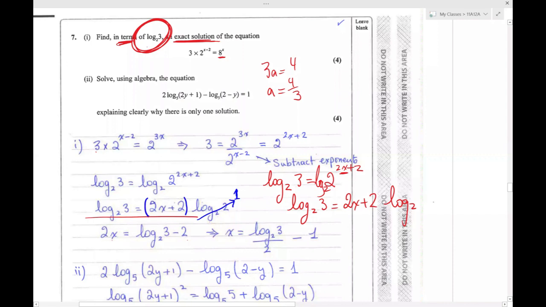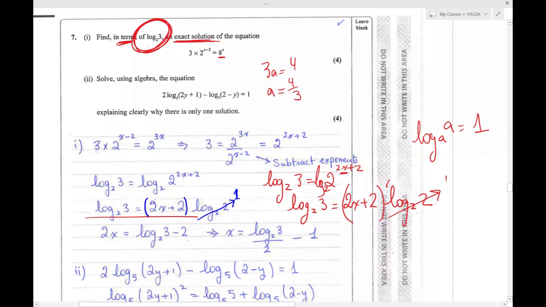Now log base 2 of 2 is 1, because this is a rule: log base a of a is 1. So now you're left with log base 2 of 3 equals 2x plus 2.